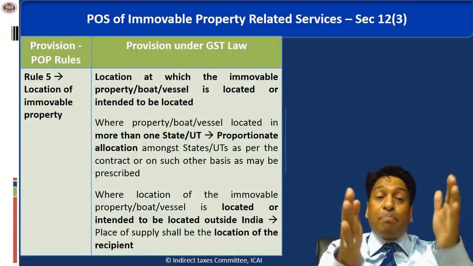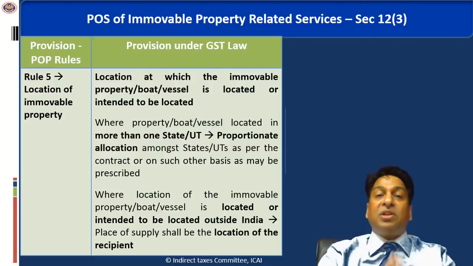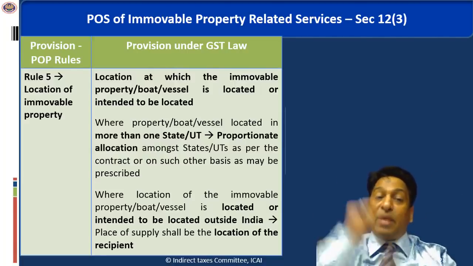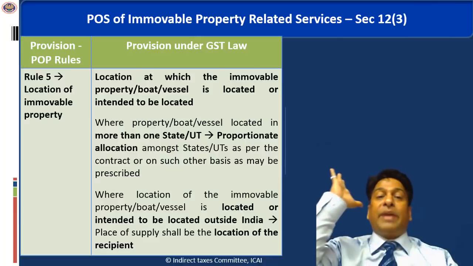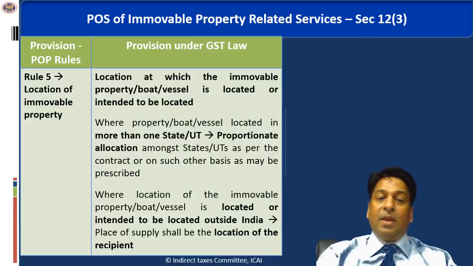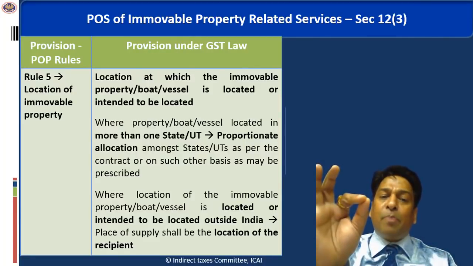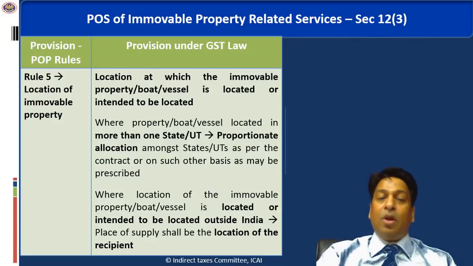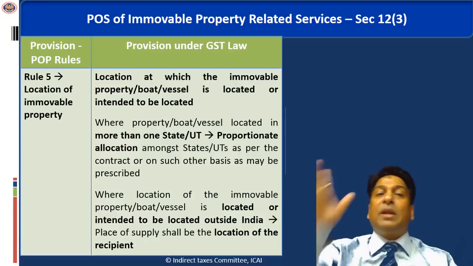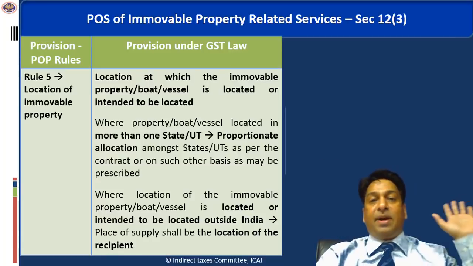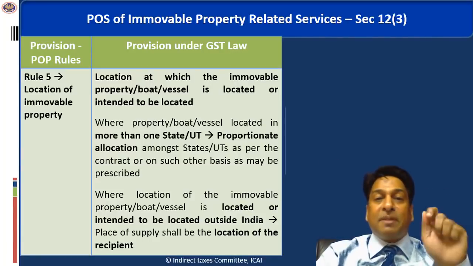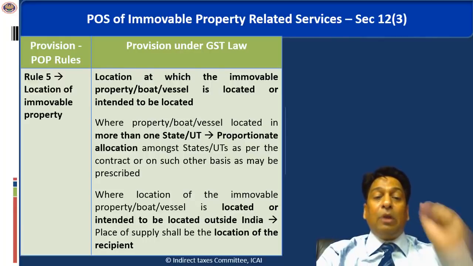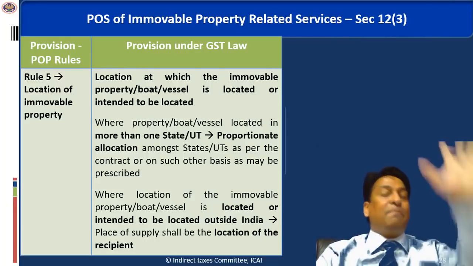Third, where the location of immovable property, boat or vessel is located or intended to be located outside India, then the place of supply would be the location of the recipient.